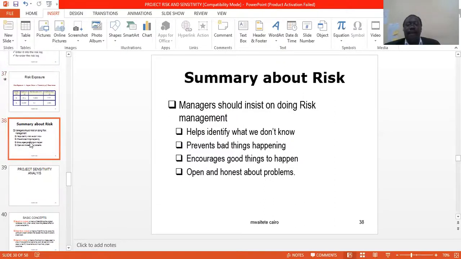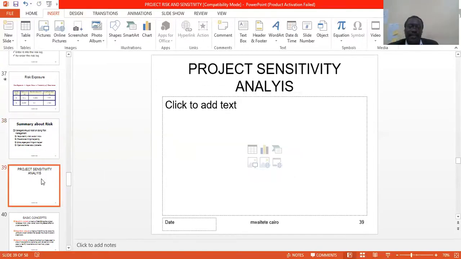Any manager must understand that it is important to take into account risk analysis in your project. A manager should insist on doing risk analysis. This is what I will say. It helps with what we don't know, prevents bad things from happening, and encourages good things to happen. Be open and be honest about the problem. This is all about project risks.